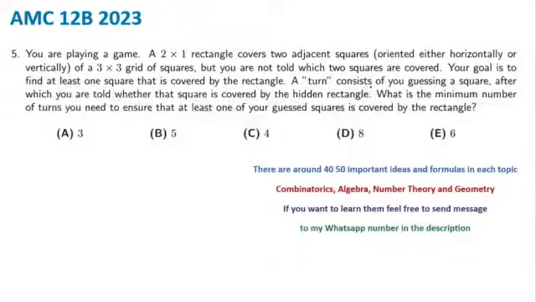A turn consists of you guessing a square, after which you are told whether that square is covered by the hidden rectangle. What is the minimum number of turns you need to ensure that at least one of your guessed squares is covered by the rectangle?